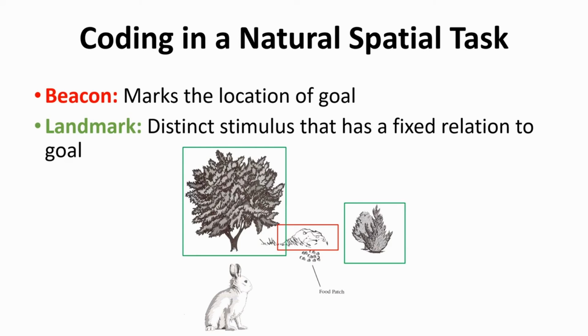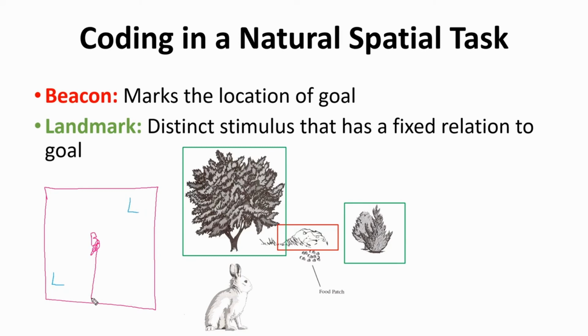So with a beacon, you just head to the beacon and you find the goal. With a landmark, you now have to learn where that landmark is in relation to your goal, and you have to know how far away it is and what direction and so on and so forth. So if we were looking top down onto an enclosure, if we have a beacon here, then the animal could go to that beacon and find the goal. Whereas if I swap over my color, maybe we have a landmark and a landmark here.